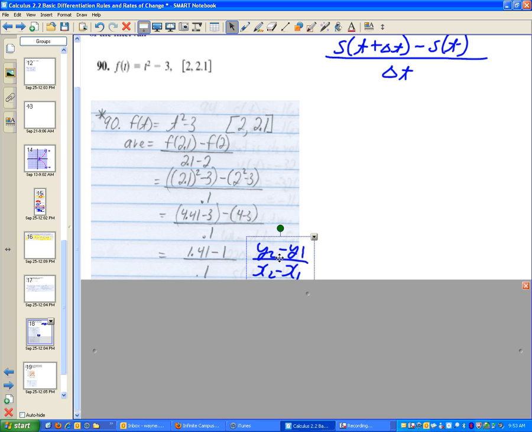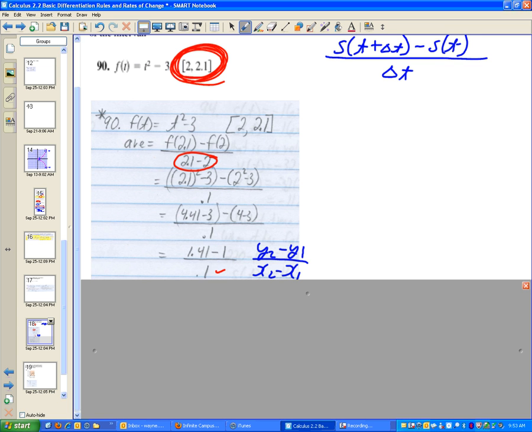And then the bottom, the delta t, the change in time. If I never wrote that in here, if I just gave you that and said, how much time passed? Wouldn't you say 0.1? 0.1 seconds, 0.1 minutes, 0.1 hours, whatever it is? That's what that is. Okay?